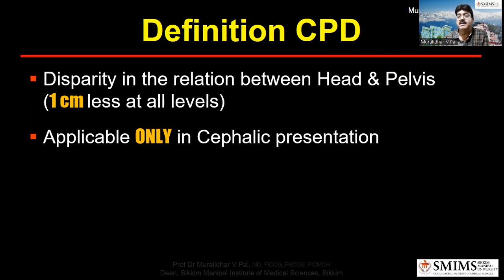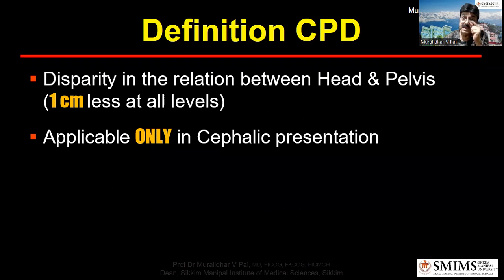Suppose you think that the breech is softer and it will come through, and you get stuck at the level of the head. I mean, you are stuck for life. You don't know where to hide your face, whether to go inside the earth or fly off into the sky. You are stuck with the baby's head inside, and the rest of the body has come out. So anything that cannot be assessed right in the beginning of the labor, you will not consider.